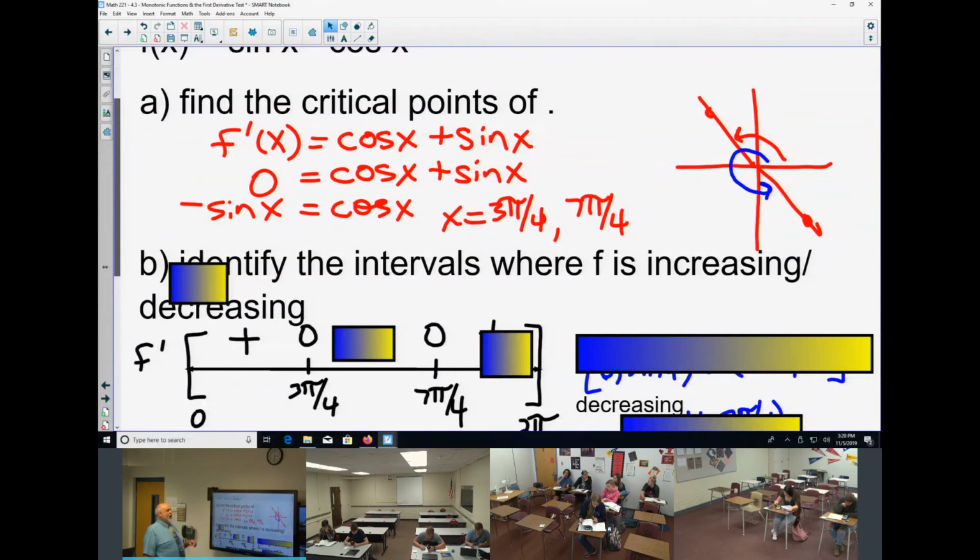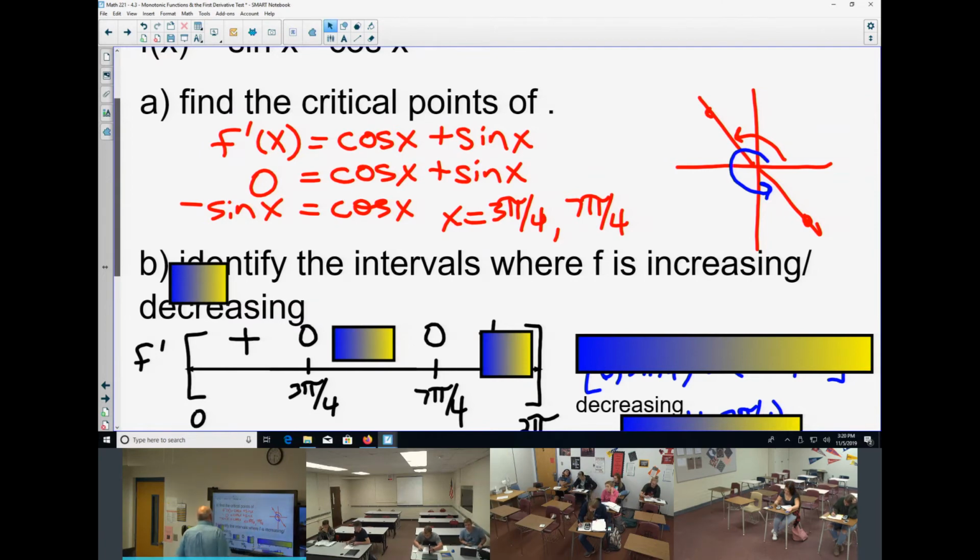Okay, so now we need an angle between 3 pi fourths and 7 pi fourths. So here's 3 pi fourths over here. Here's 7 pi fourths down here. So what would be an angle between those two? 5 pi fourths. 5 pi fourths would work. Okay?